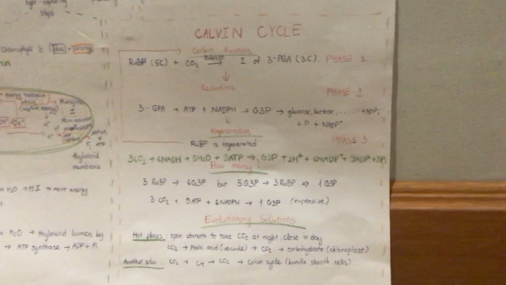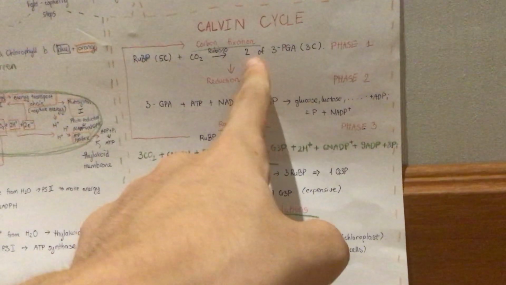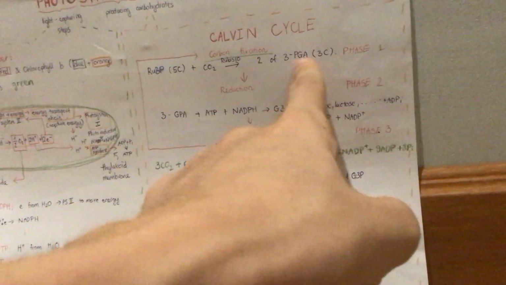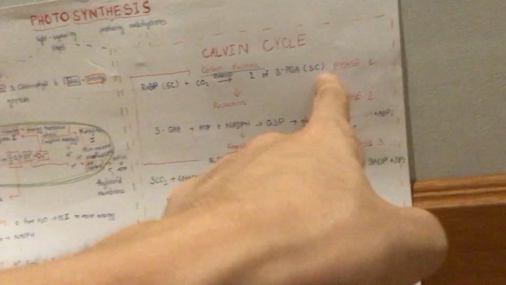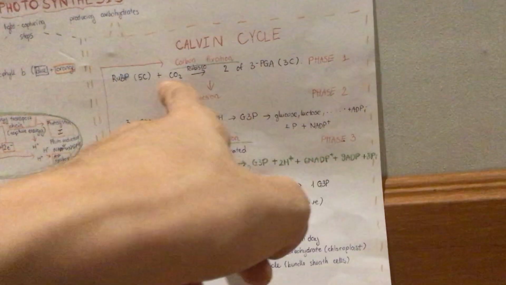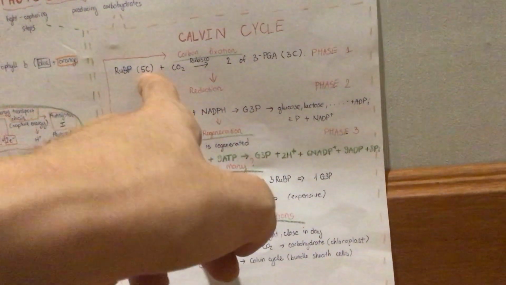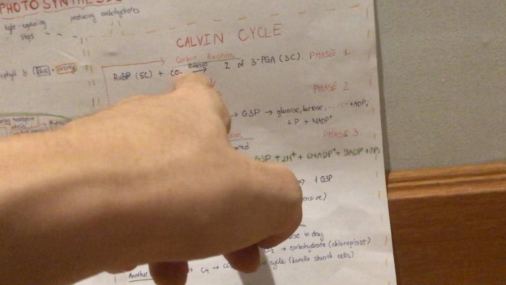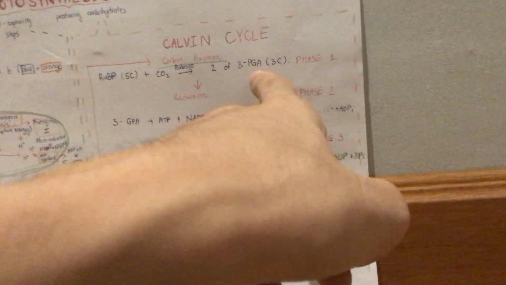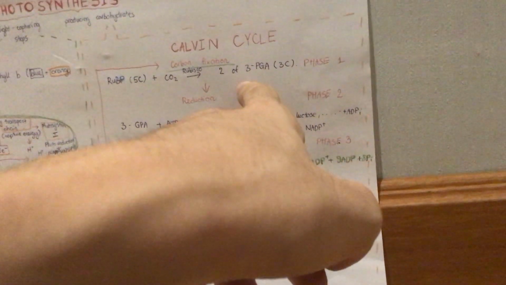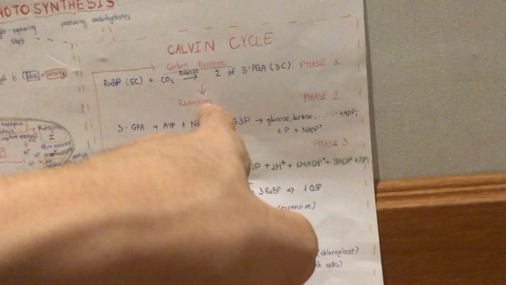So the product will be two molecules of 3-PGA. This is a 3 carbon molecule, and this is phase 1, carbon fixation. As you can see, a 5 carbon plus a 1 carbon from the carbon dioxide becomes 2 molecules of 3 carbons.